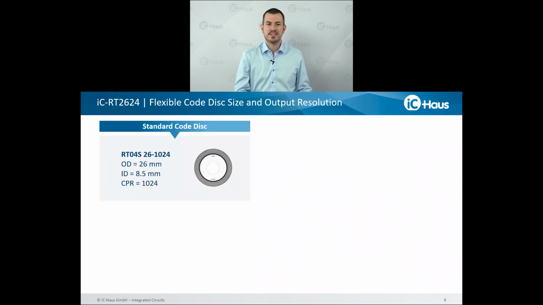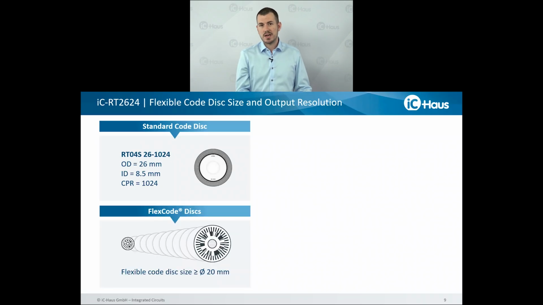What about design flexibility? So the system, or the iC-RT2624, got its name from the standard code disk it uses. So it is a 26 millimeter outer diameter code disk with 1024 CPR of base resolution, so number of lines of the incremental track. If you do have a certain installation space that needs to be fit, that 26 millimeter might not work out, right? No worries at all.